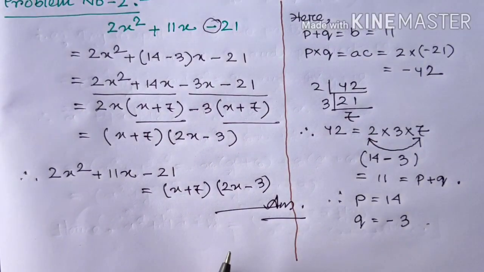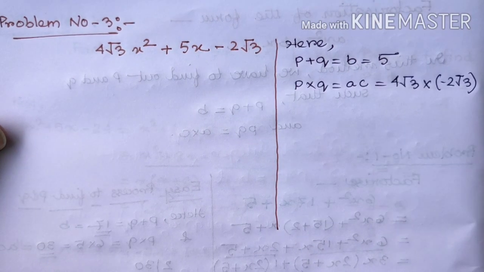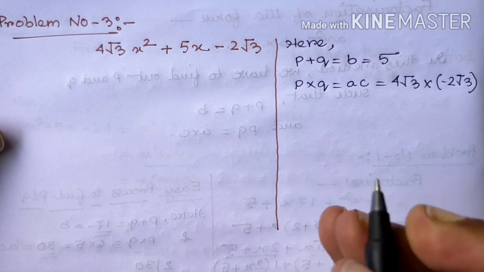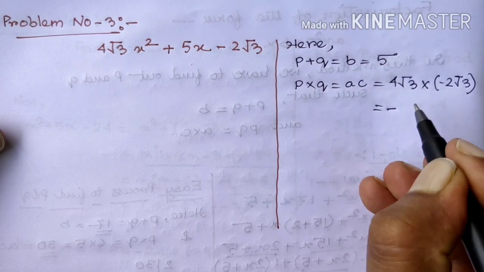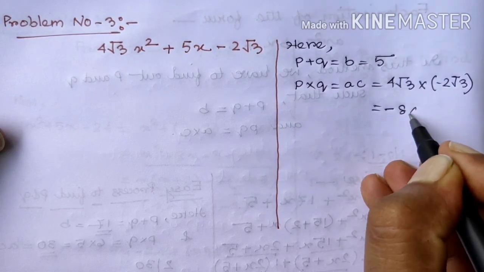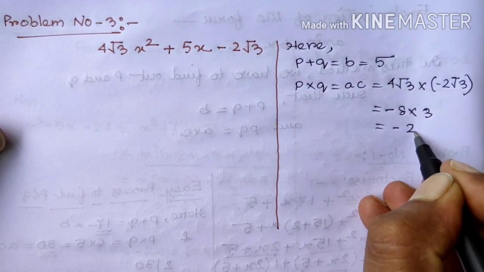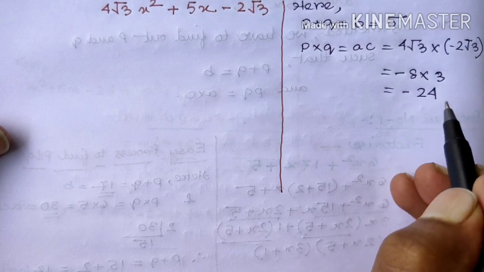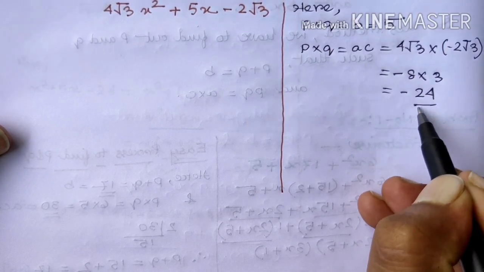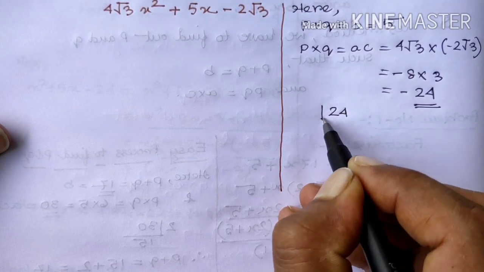Next, problem number 3. 4 root 3 x square plus 5x minus 2 root 3. Here p plus q equal to b equal to 5 and p into q equal to a into c equal to 4 into root 3 into minus 2 root 3. Therefore the product is minus 24. Now we have to do factorization of 24.